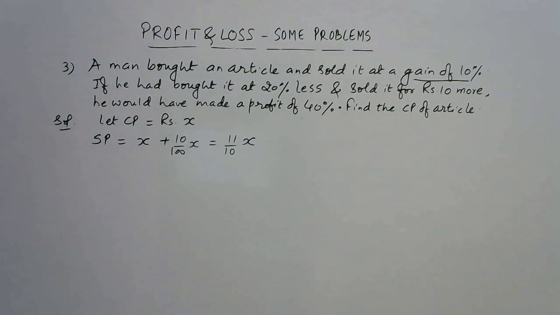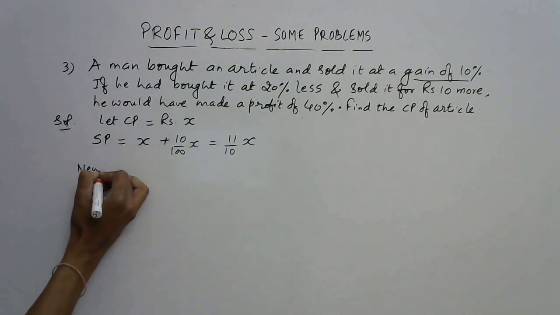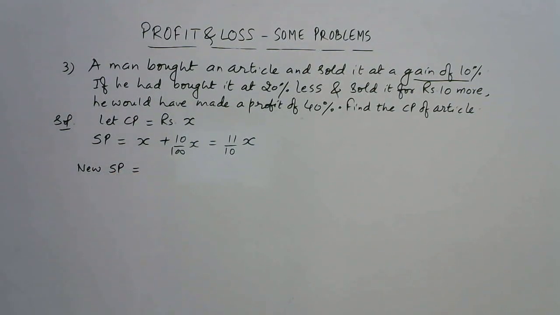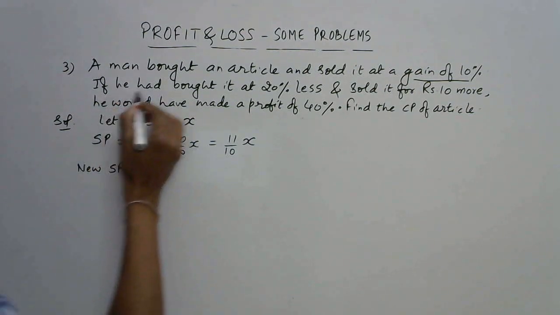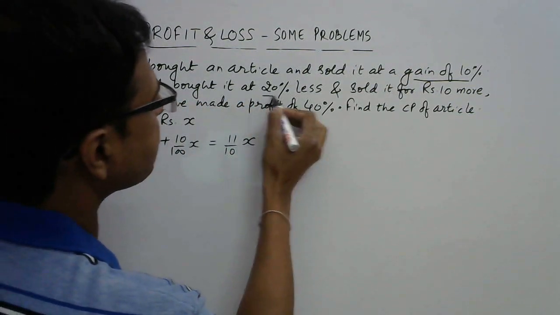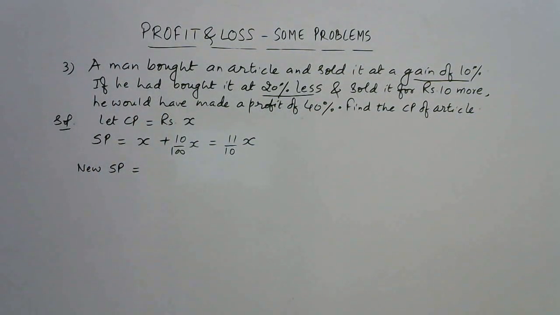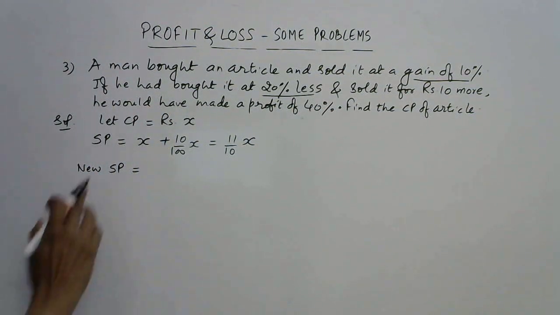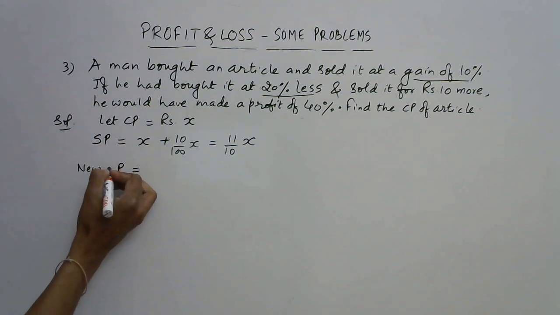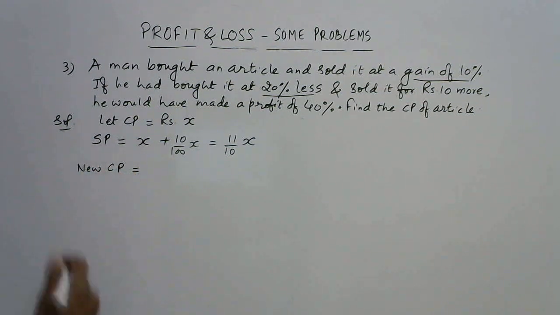Now let's see the second case, new CP, new selling price. If he had bought it at 20% less, first of all, let us find the new cost price, then we will move on to the selling price.